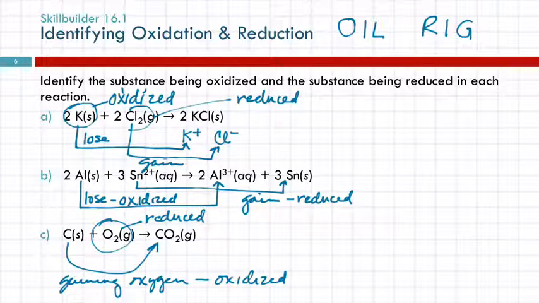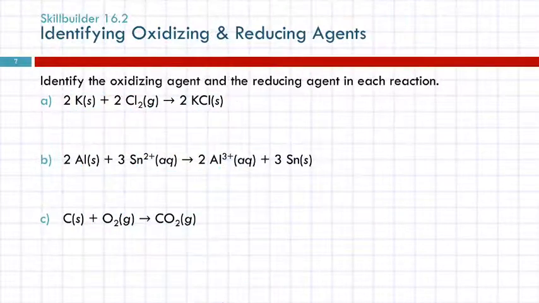Yes, we can do one of these again. Let's see if there's more examples. Well, this is doing this again, but kind of with the agents. So now we're asked to identify the oxidizing agent and the reducing agent. The oxidizing agent causes the other thing to be oxidized.